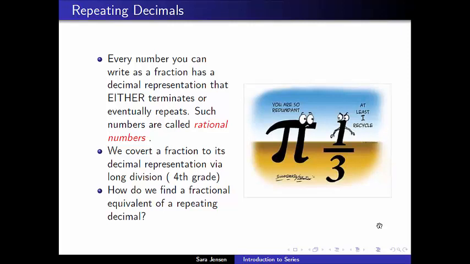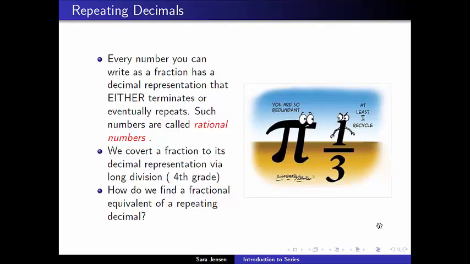But in representing a number like pi as a decimal, we never reach a point where we find a chunk of digits that just repeats over and over again. So we don't get all real numbers in this way, but we get a special selection of numbers called rational numbers. Again, rational numbers are those that can be represented as a fraction of integers.